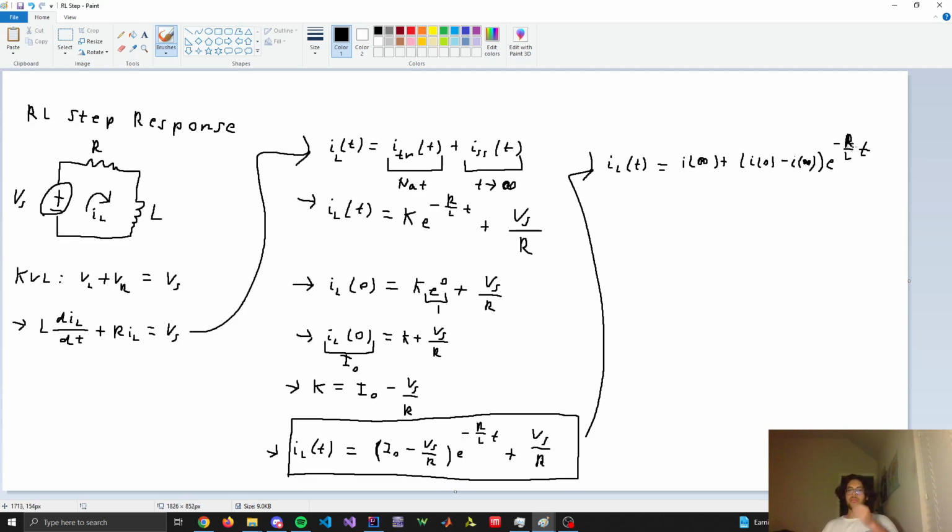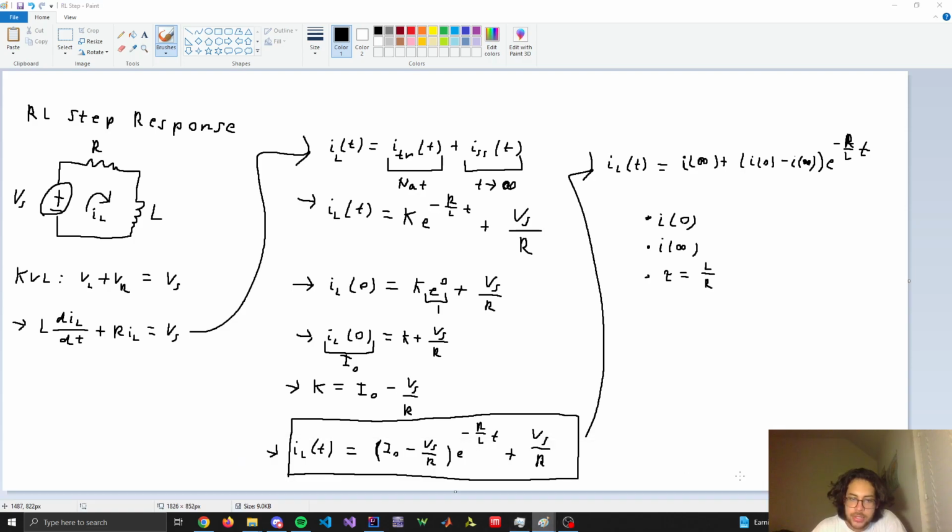So that's the general solution. Really simply speaking, how you solve the RL circuit. So that means you just need to find first I of 0, and then you need to find I of infinity, and then the constant tau, which is L over R. And so that's really all you need to solve the RL step response.